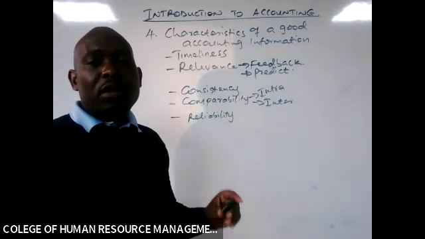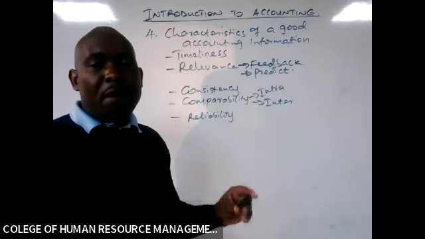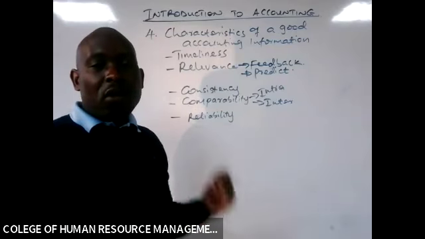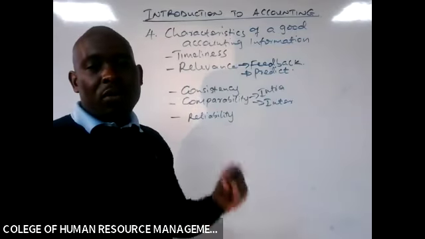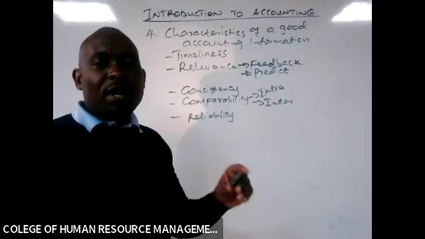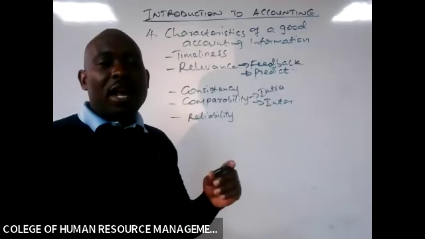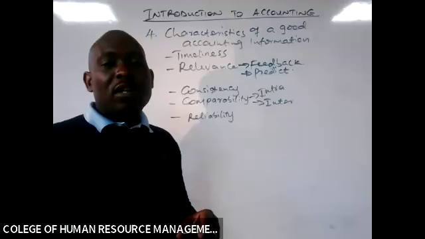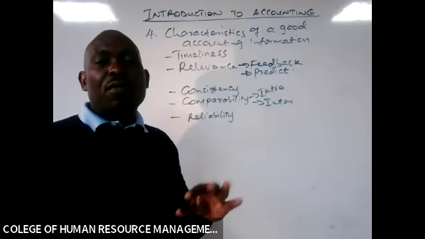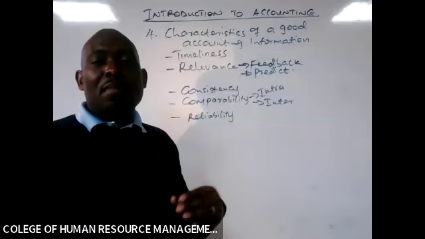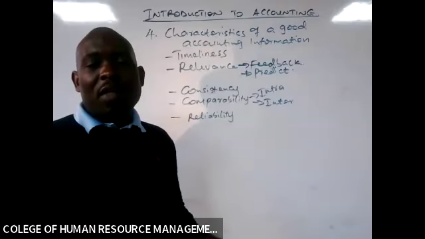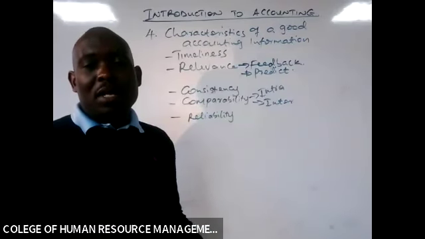It has been reported the way things happened. If it is a loss, you report it as a loss. We should not have a case whereby the business incurred a loss, but the accountant is trying to cook figures and then make it appear like it made a profit. That information will lack reliability.